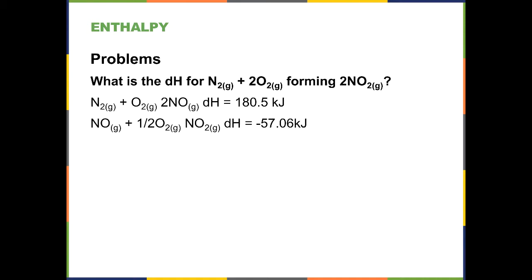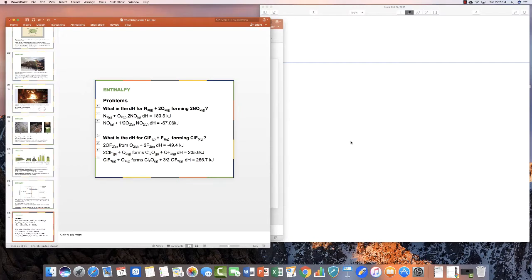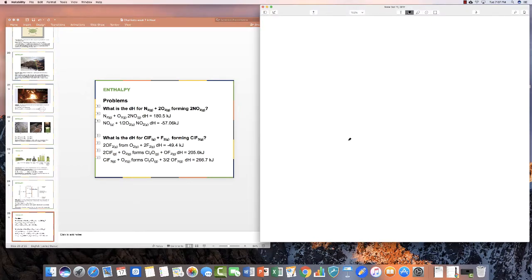So let's look at a couple problems on how Hess's law would be used. And here's the first problem. I'm going to write this down because it doesn't write that well when you type it.